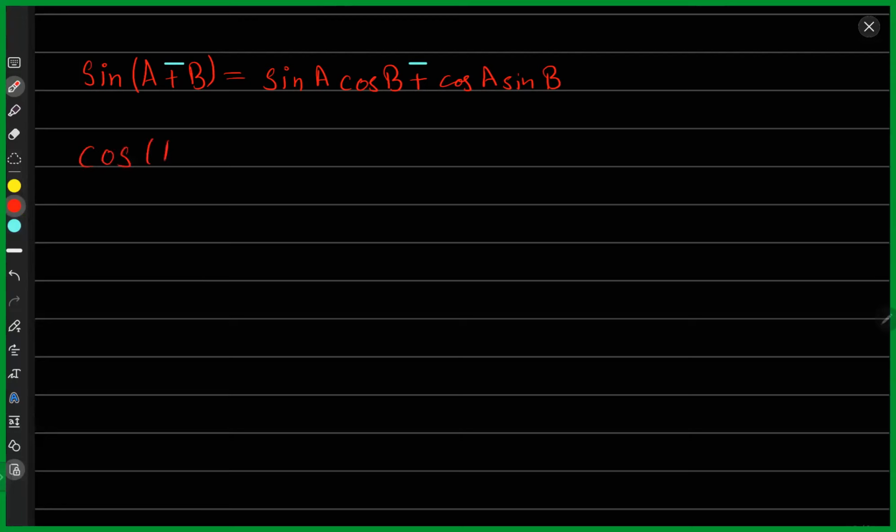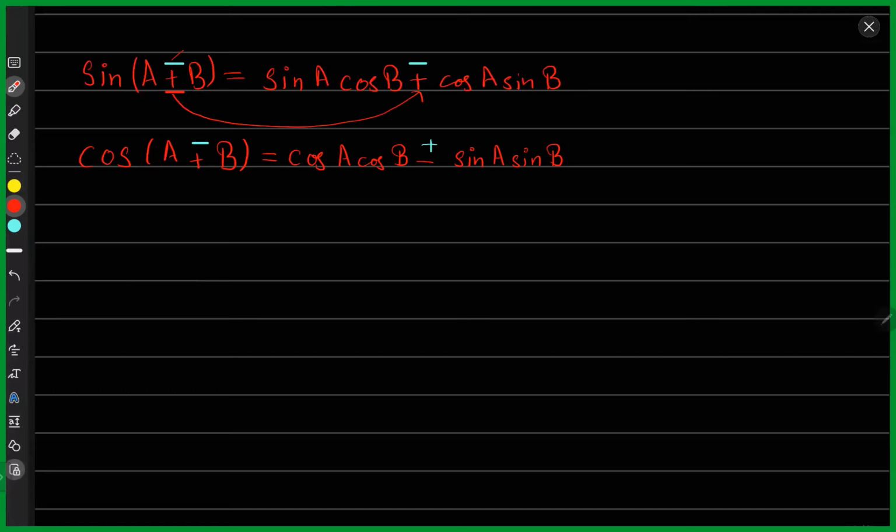Okay, the next one is cos A plus B. Cos A plus B is cos A cos B minus sine A sine B, and cos A minus B is cos A cos B plus sine A sine B. So the important part is, in sine, whenever we have positive, we would be having positive here as well.